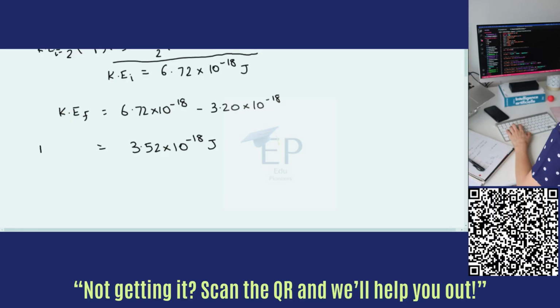Now the kinetic energy is given by the formula 1/2 mv squared.